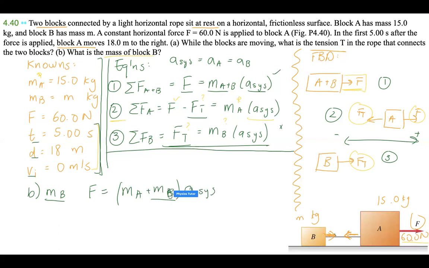Okay, so let's isolate this just in the equation first. It's going to be F divided by a system, minus MA, is going to be equal to MB. And the force is going to be 60, right? So that's the force of the system. And the acceleration of the system was 1.44 meters per second squared.